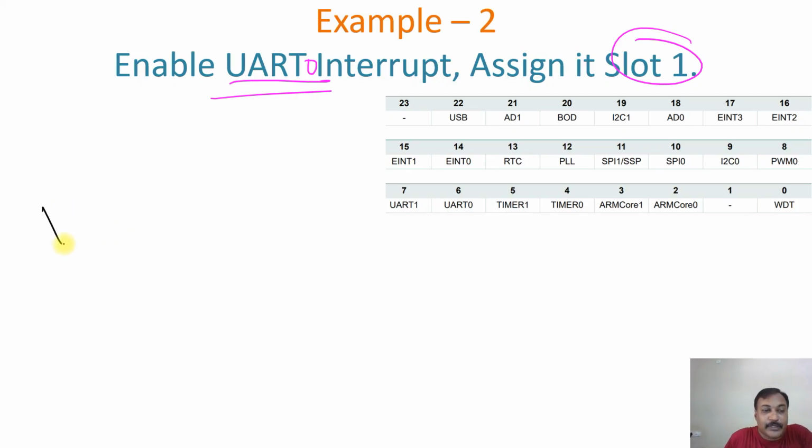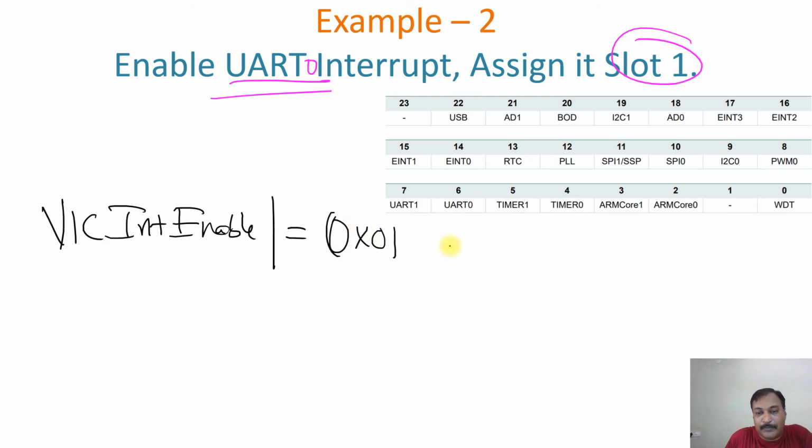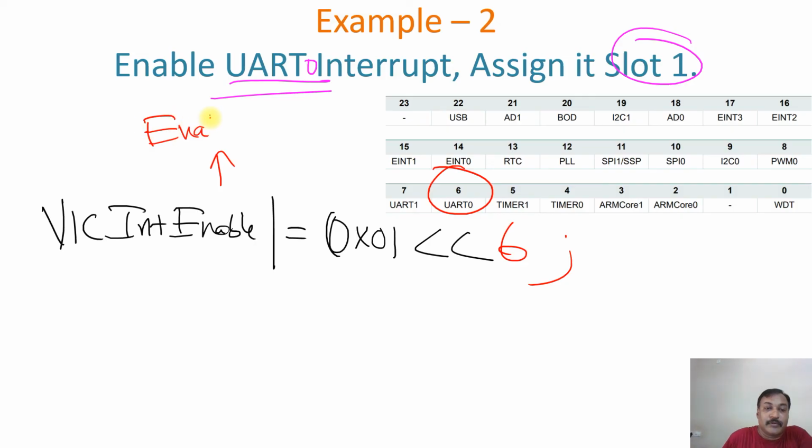So vector interrupt controller, interrupt enable is equal to hexadecimal 01 left shifted by UART 0, which is having 6. This will enable UART 0 interrupt. This is the first thing.